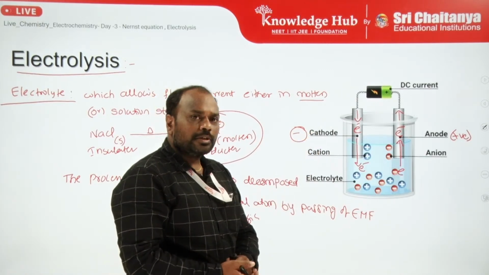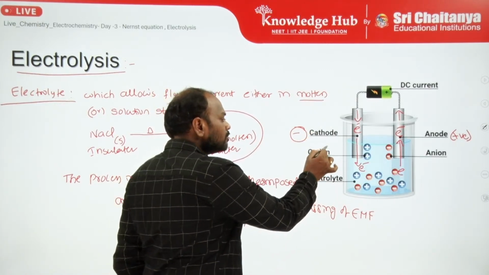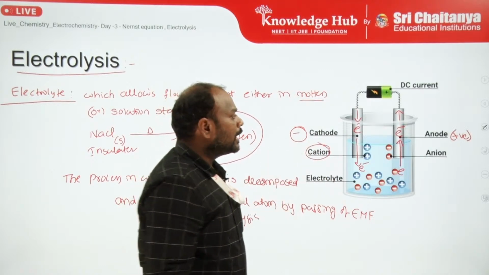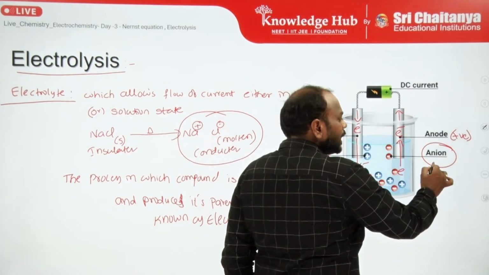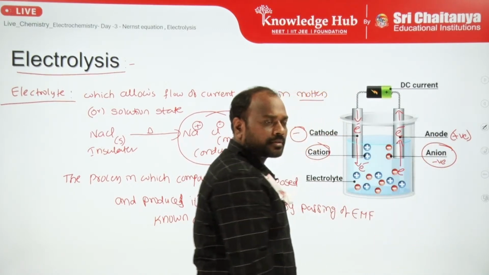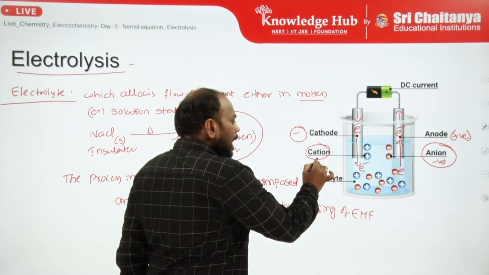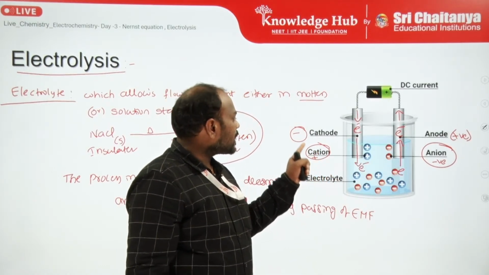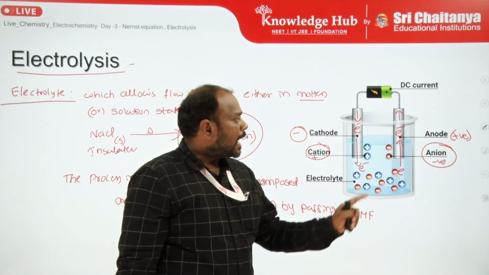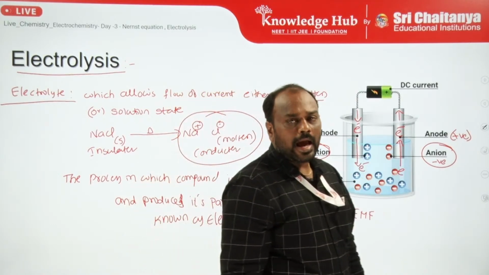The negatively charged electrode attracts the cations, whereas the positively charged electrode attracts the negatively charged anions. Here cations get the positive charge, anions get the negative charge. So cations migrate towards the cathode, anions migrate towards the anode.